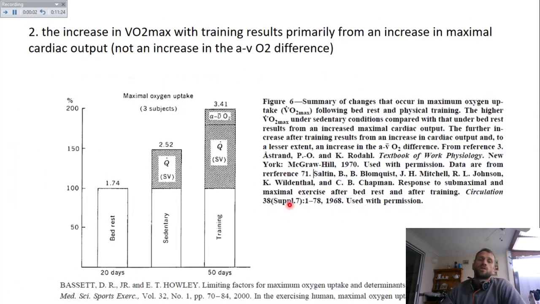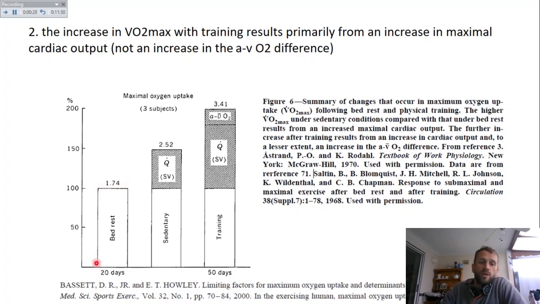Now this next piece of evidence is probably a stronger piece of evidence to highlight why oxygen delivery is more important than oxygen utilization with regards to VO2 max in healthy people. If we take a scenario where individuals have had almost 3 weeks of bed rest, undergoing 3 weeks of bed rest will reduce your maximum oxygen consumption.